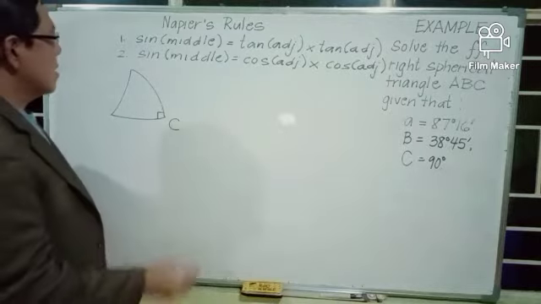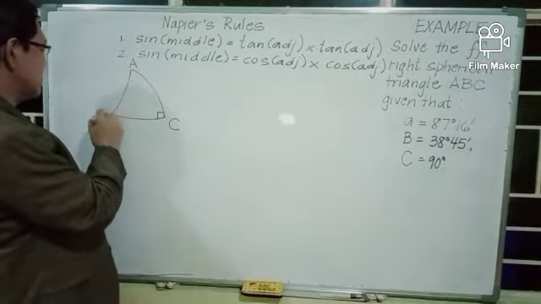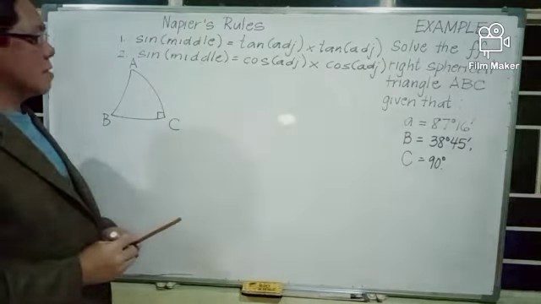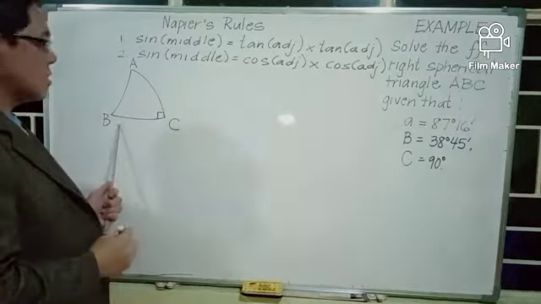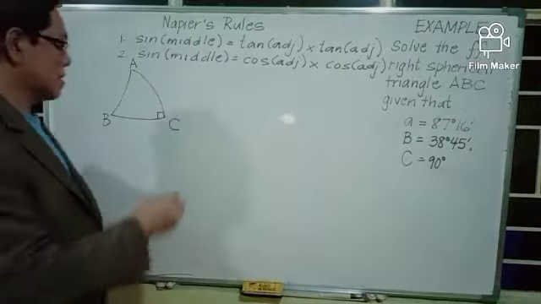And then we have angle A and angle B. The surface angle B is given, 38 degrees 45 minutes.